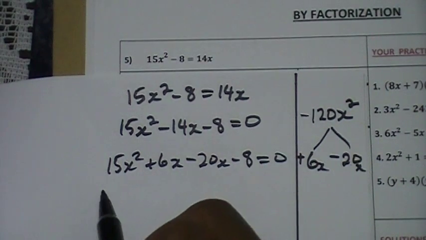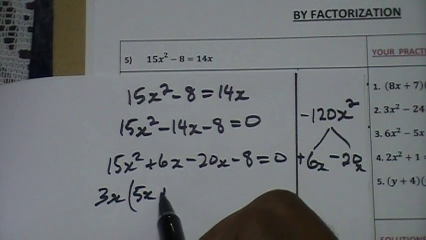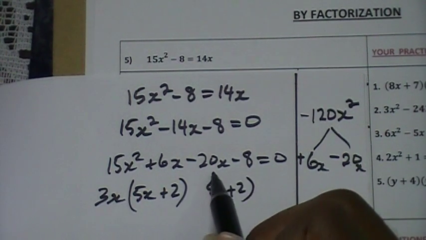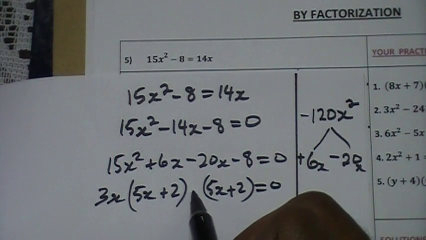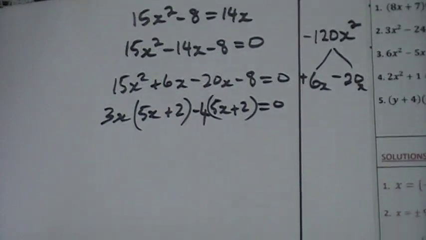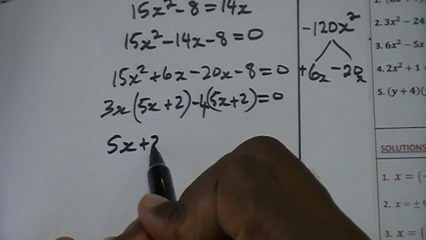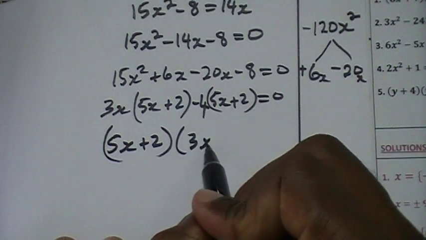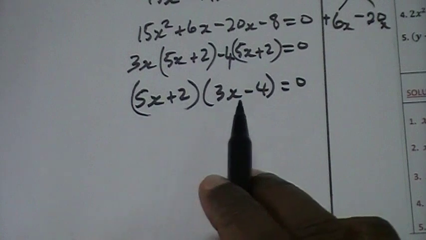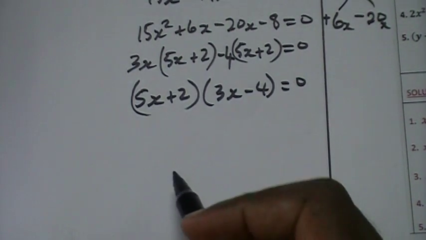Alright, factorize. Two factors that multiply to give us 0, one of them must be 0, or both of them could be 0.